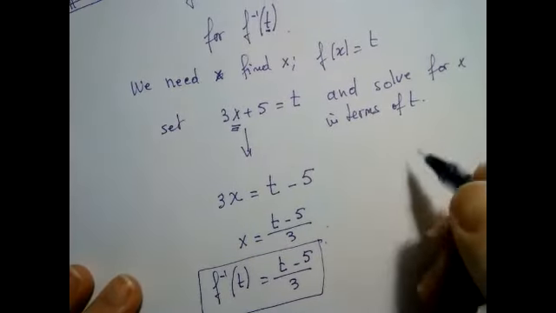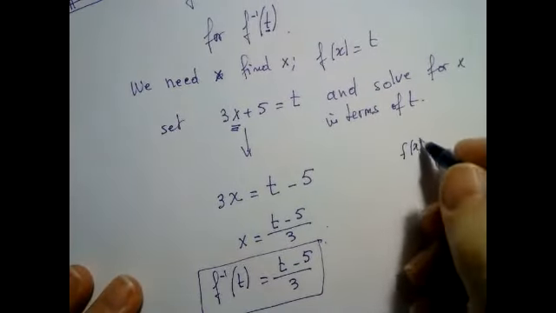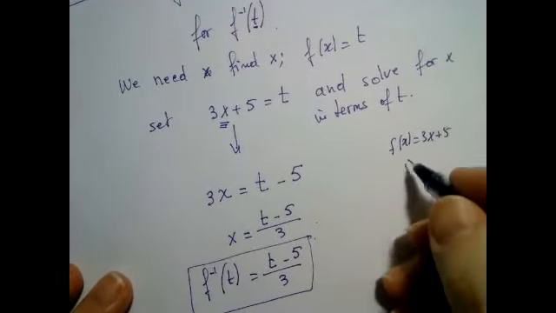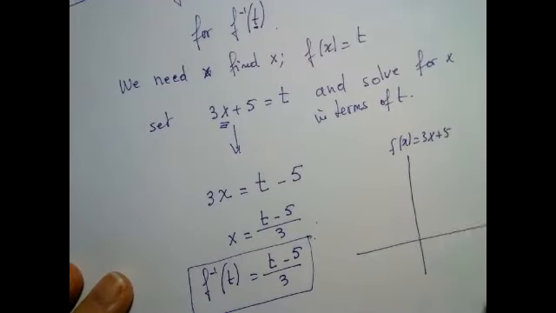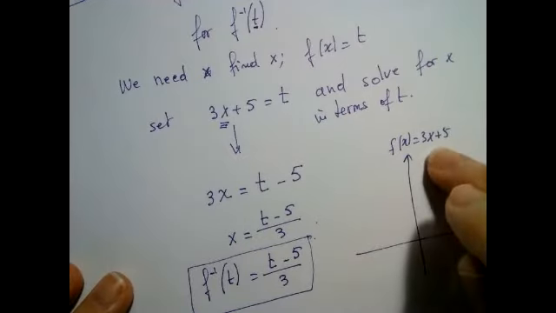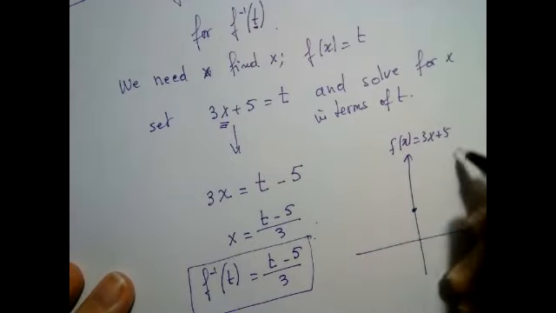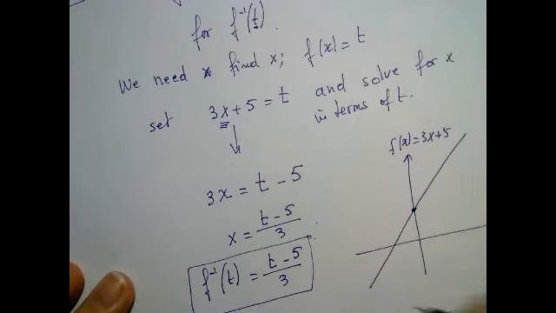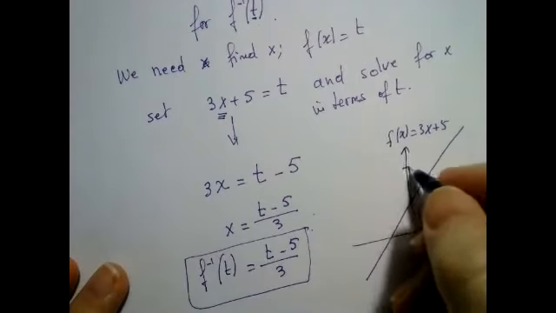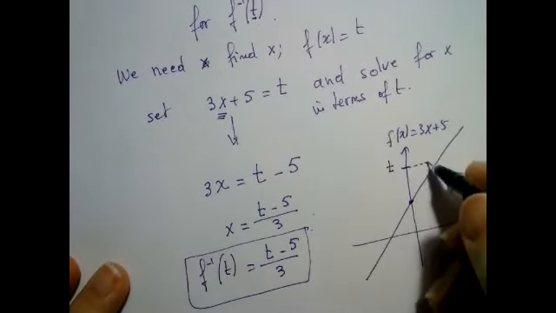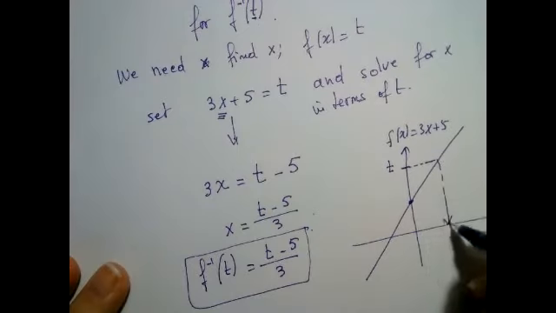So graphically, it means I have the function f of x equal 3x plus 5. That's what we are trying to do. If we sketch this function, the graph here is a line. The intercept is at 5. My question is, if I know the output, finding f inverse means, what is the input that gives me that?